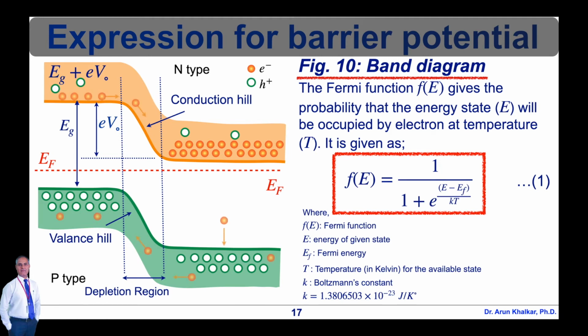The band diagram given here gives us the complete explanation about how the charge carriers behave when the p-n junction diode forms and under the different conditions, which we have already discussed before.